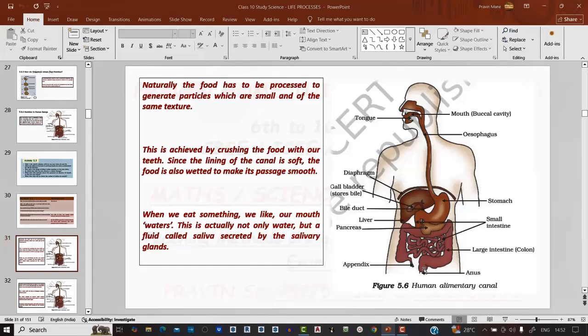First, food is taken in the mouth, where it is crushed by teeth. As we know, this alimentary canal has a soft lining, so food should be smooth and crushed into smaller particles.